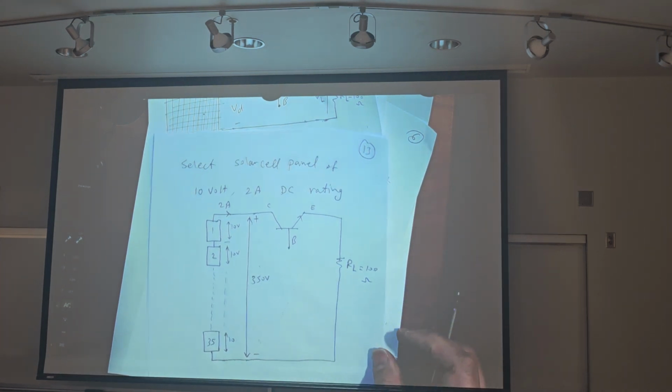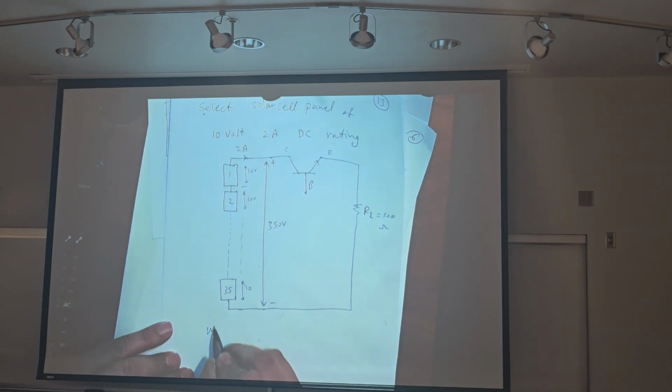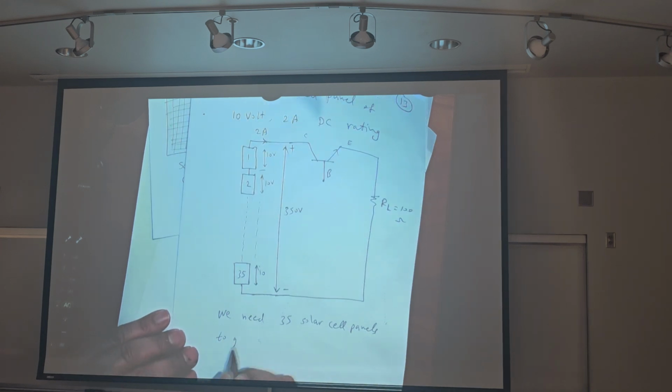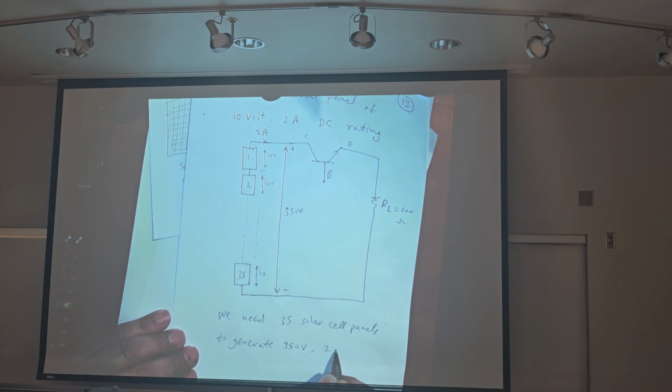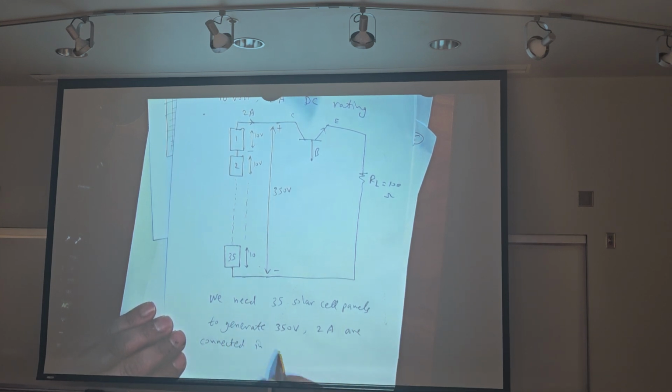So we need 35 solar cell panels to generate 350 volts, 2 ampere are connected in series.